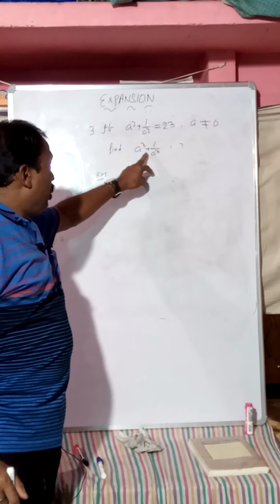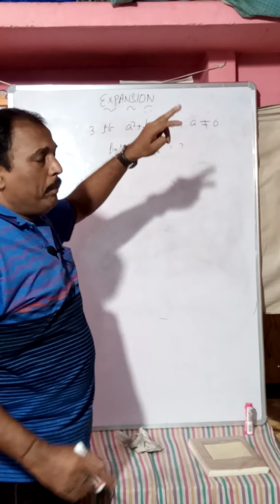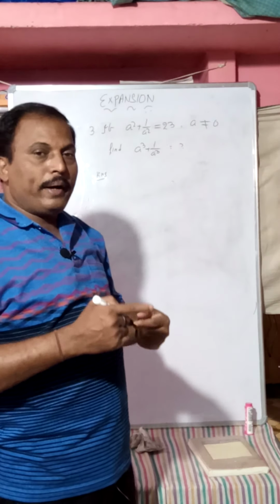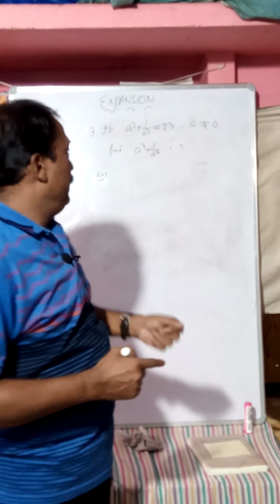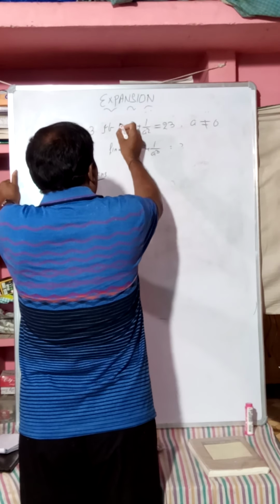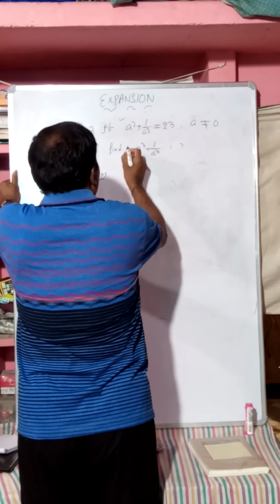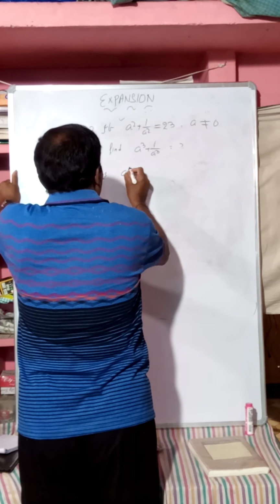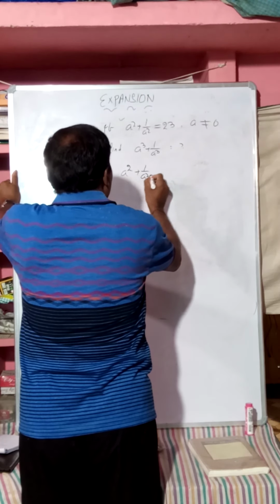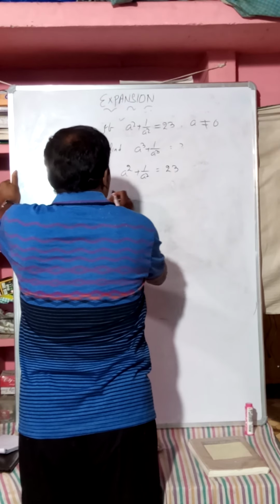Before we find out a cube plus b cube, we have to find out what is a plus b. From this we will find out a plus b. Now our given point: a square plus 1 upon a square is equal to 23.